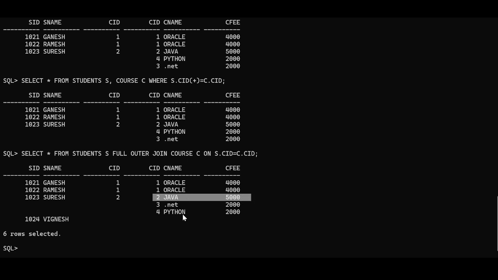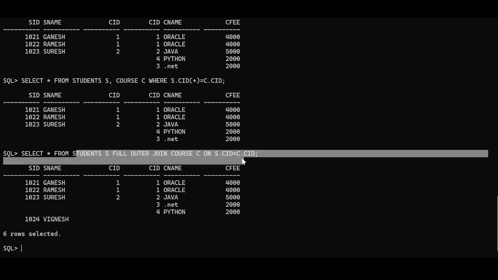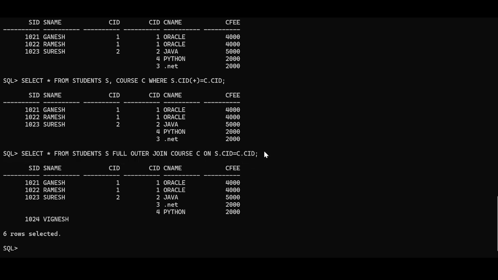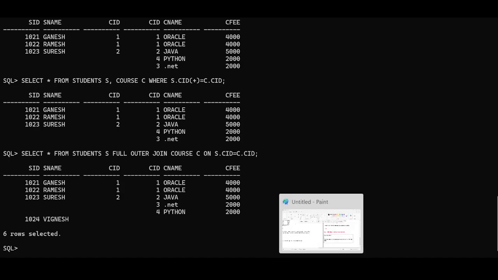And for the course table you have unmatching records, and for the student table you have unmatching records. This is what the full outer join is, right? We want to apply this full outer join for the non-ANSI format.